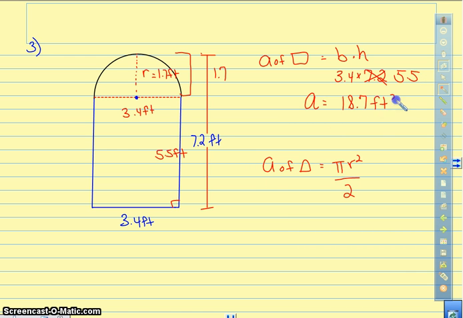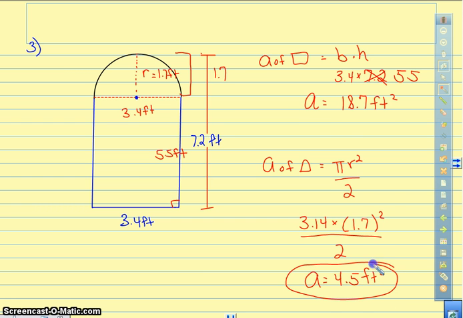For my half circle, I've already figured my radius. So it's going to be 3.14 times 1.7 squared divided by 2. Okay, so 3.14 times 1.7 times 1.7 is 9.0746. I'm going to go ahead and divide that by 2 and round to the nearest tenth, and I get 4.5 feet squared.